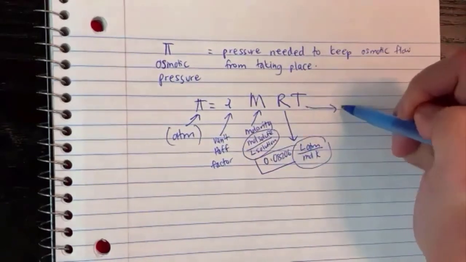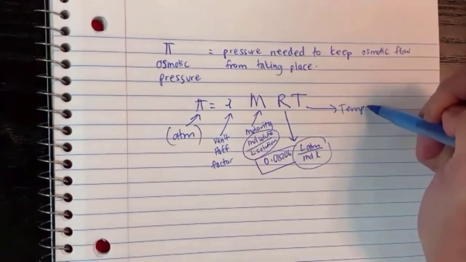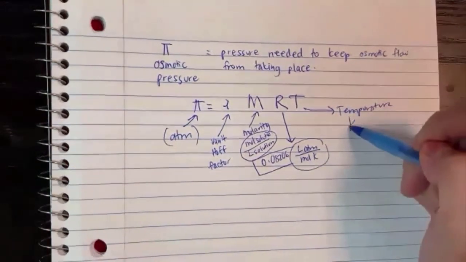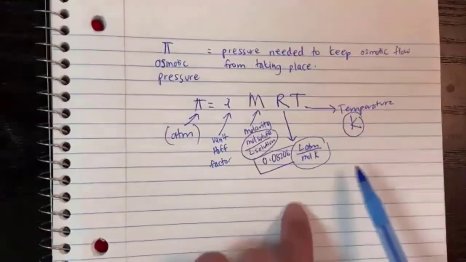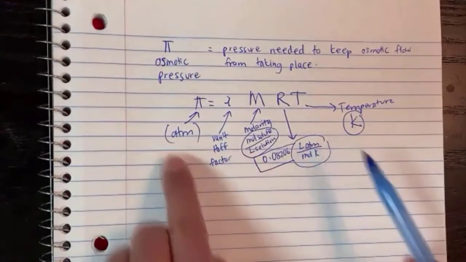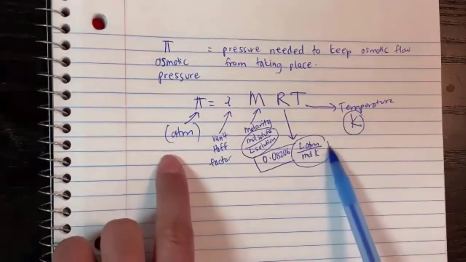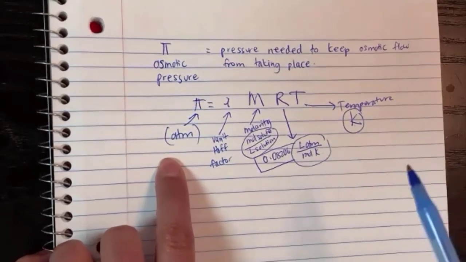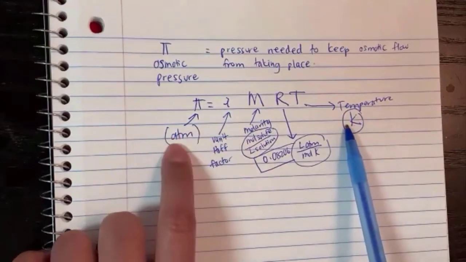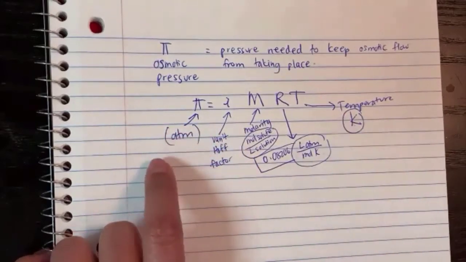And T here is temperature. What do you think the unit should be? It should be in Kelvin, because you see how Kelvin cancels moles and liters, and atm cancels. So those units all match. If the question gives you different units on purpose, like Celsius or torr, and you don't convert, you'll get the answer wrong.